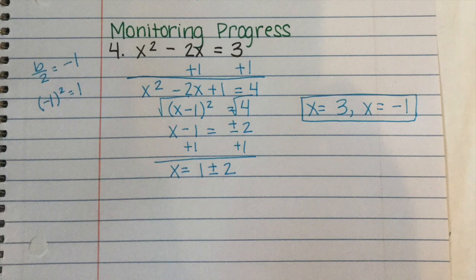And again, this problem was really nice just because 3 plus 1 equals 4, and 4 is a perfect square. So from there, I was able to take the square root of both sides, and I was left with x minus 1 is equal to positive or negative 2. To solve the equation, I would add 1 to both sides so that the solutions are going to be 1 plus 2 or 1 minus 2. So my final solution for this equation was x is equal to 3 or x is equal to negative 1.